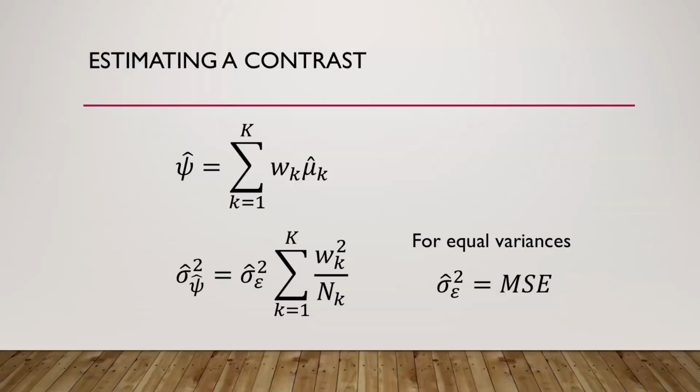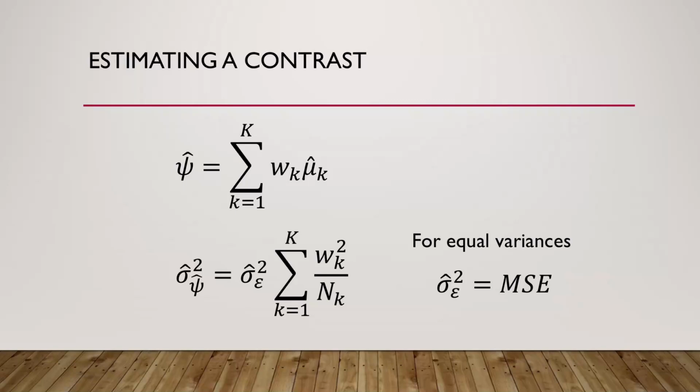Now, of course, anytime we have a statistic, the statistic has variation. That is, if we were to draw another sample, we would not expect to get the same values for our observations. So we're going to have variation of the contrast, just as we have variation of means, just as we have variation of standard deviations.